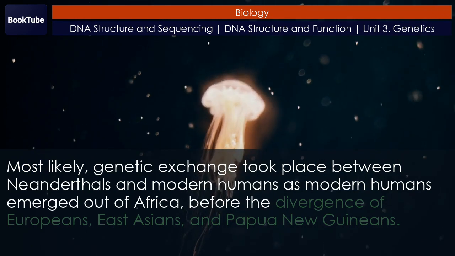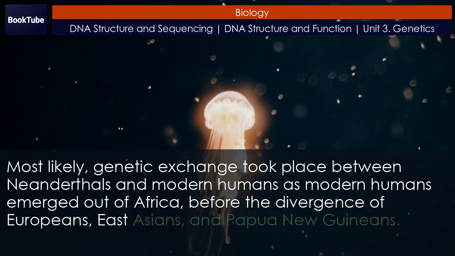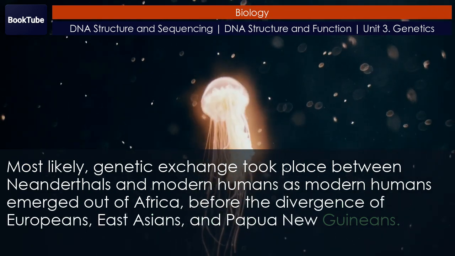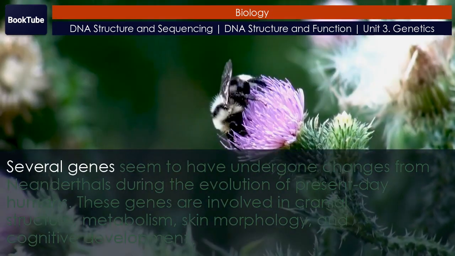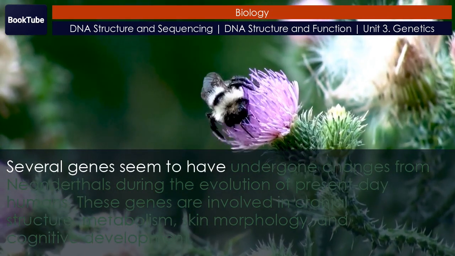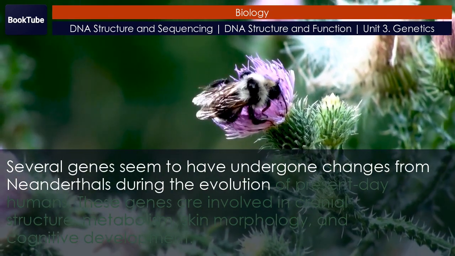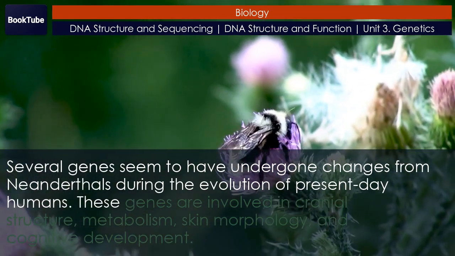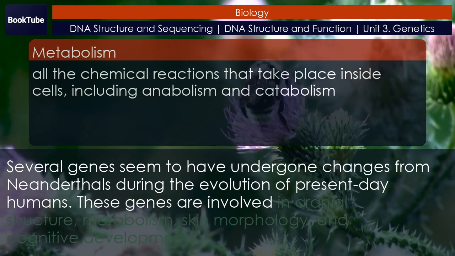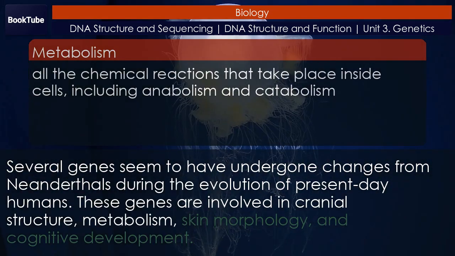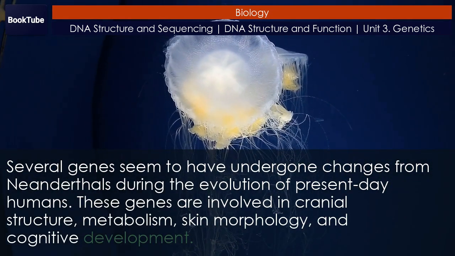Before the divergence of Europeans, East Asians, and Papua New Guineans, several genes seem to have undergone changes from Neanderthals during the evolution of present-day humans. These genes are involved in cranial structure, metabolism, skin morphology, and cognitive development.